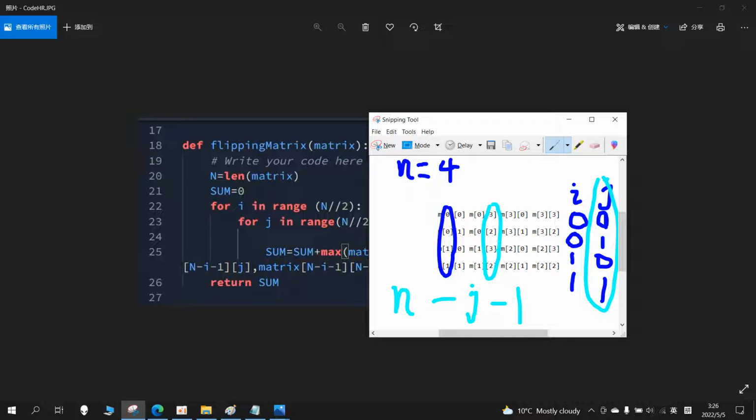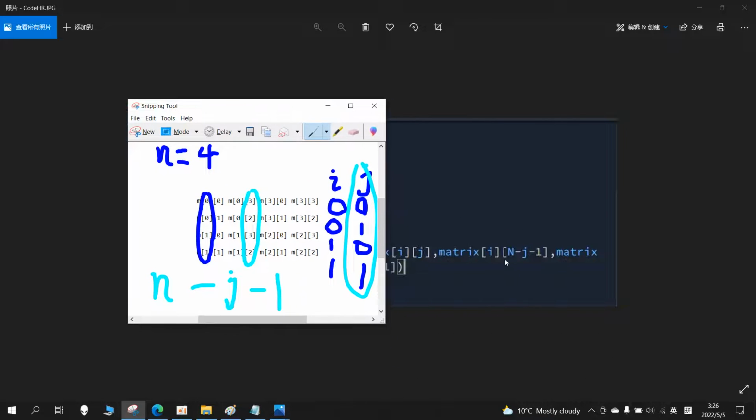We can check the third one, right? So 4 minus 0 is 4, and again minus 1 is 3, exactly the same. And this one is similar, 4 minus 1 equals 3, minus 1 is 2, exactly. So that's why this value would be n minus j minus 1, right?